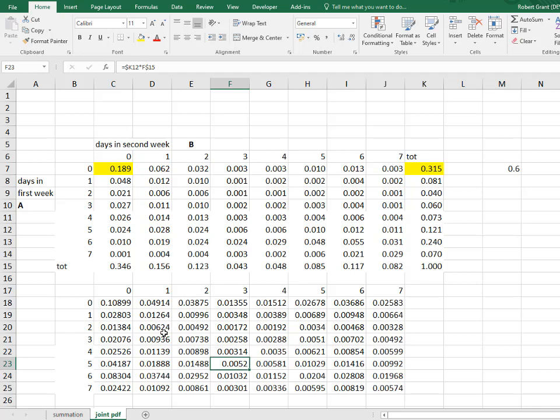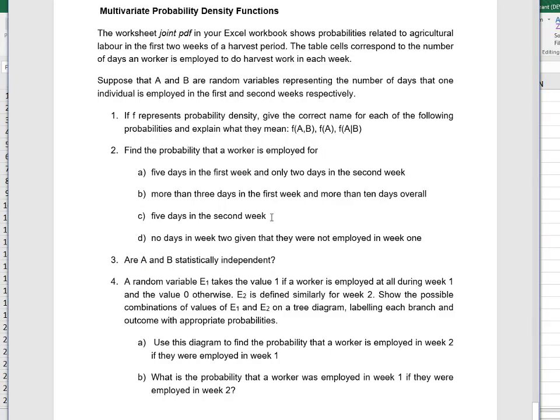They're all different. So the probability of each event is determined by what happened in the other, and presumably A must be affecting B. Unless there's some way that second week can affect the first week. So they're not statistically independent, because probability of A and B is not equal to probability of A times probability of B.